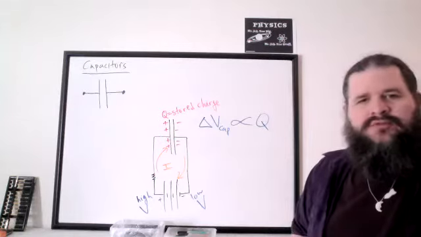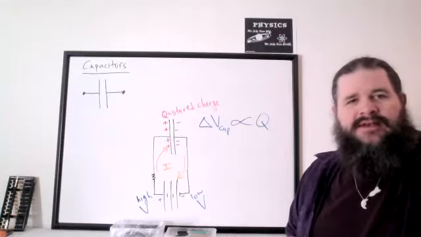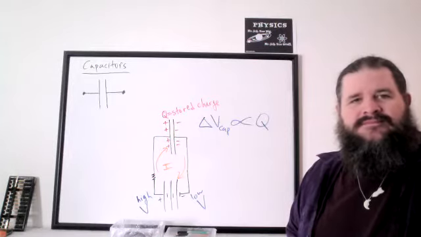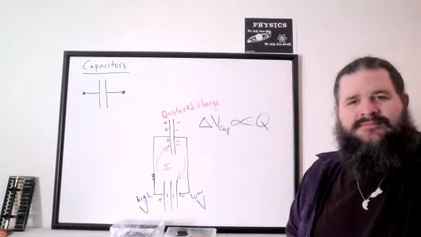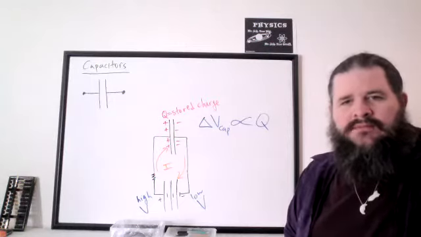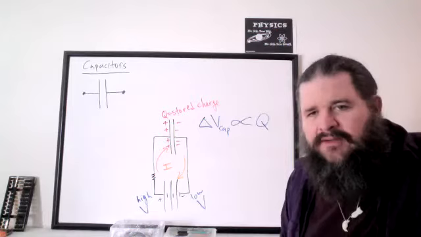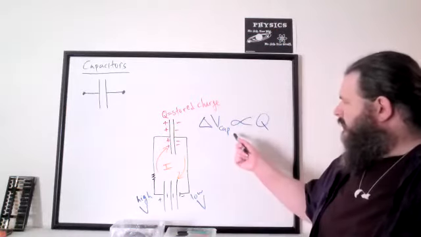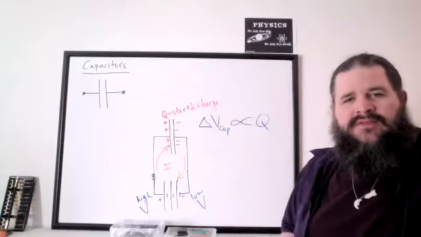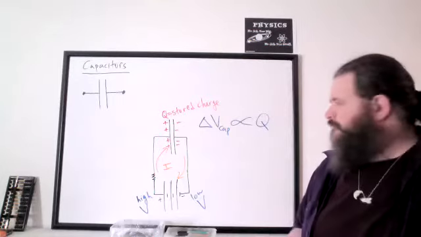And do you have an actual formula for delta V for the capacitor yet? Yeah, or with the idea of capacitance. The main idea is we can just say delta V and charge, since they're proportional, the difference between them is just a multiplier.